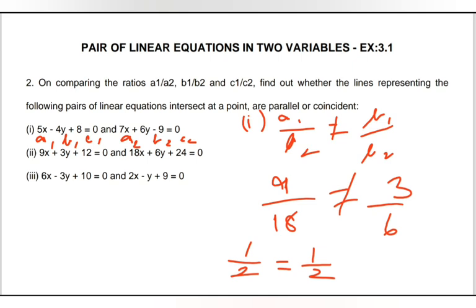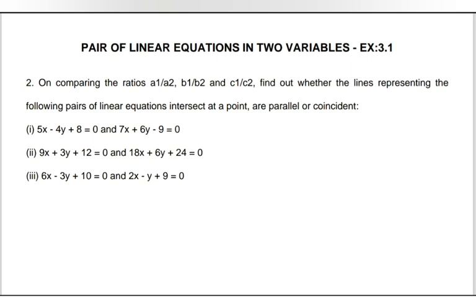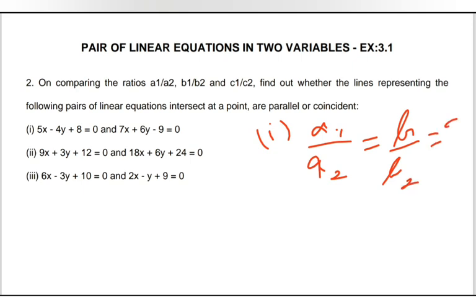So we should go to the parallel condition or the coincident. Let's go with the coincident. Coincident is a1 by a2 is equal to b1 by b2 is equal to c1 by c2. This is the condition for coincident.